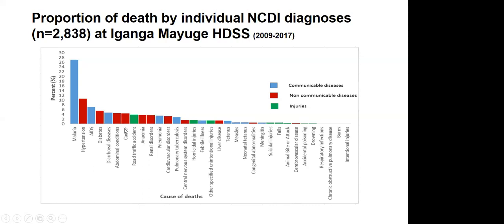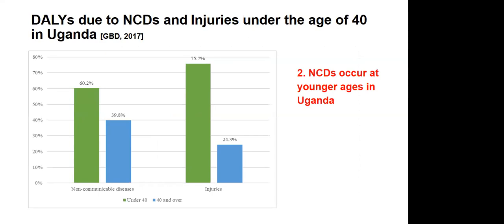Then we had diabetes, abdominal conditions, cancer, anemia, and so forth. So it basically speaks to the same finding that NCDs contribute to a big number of the NCDI deaths and diagnoses.